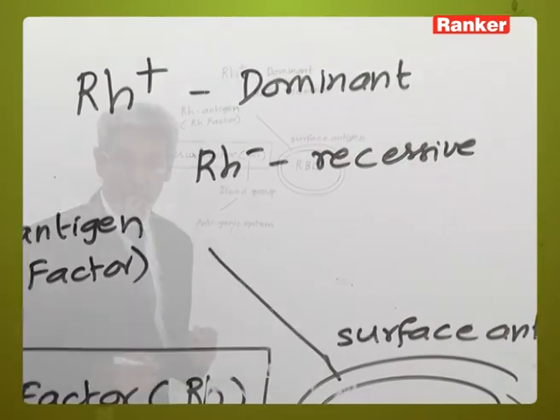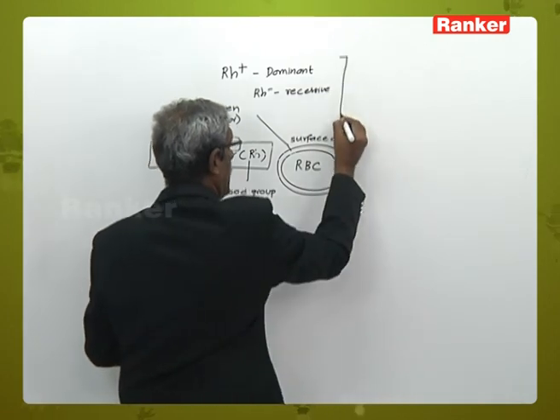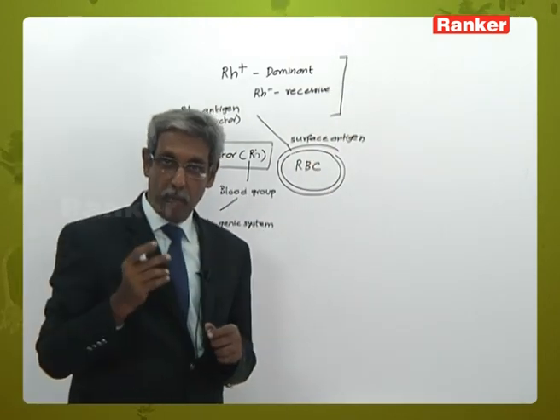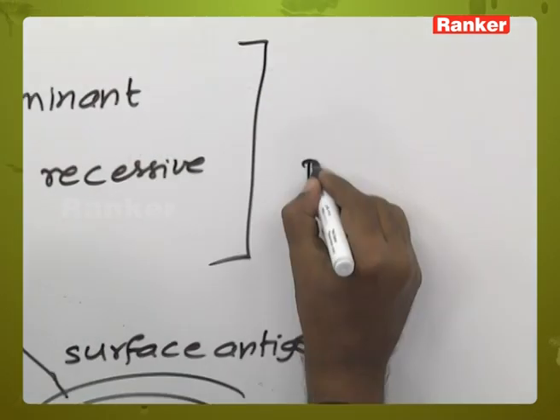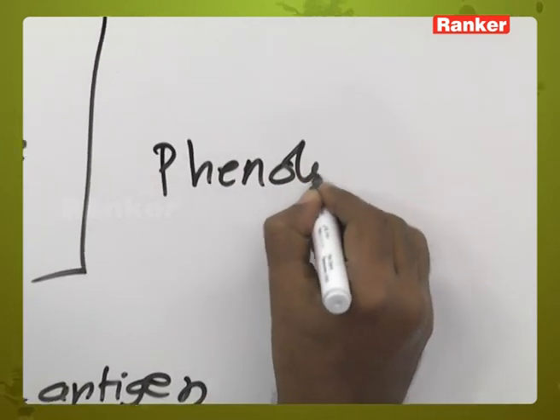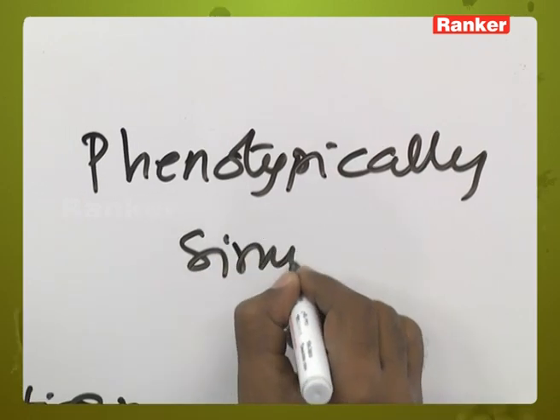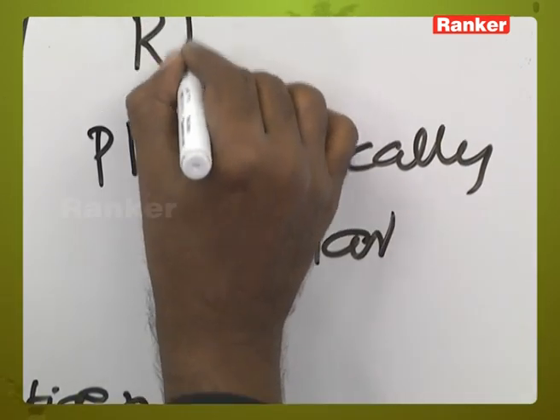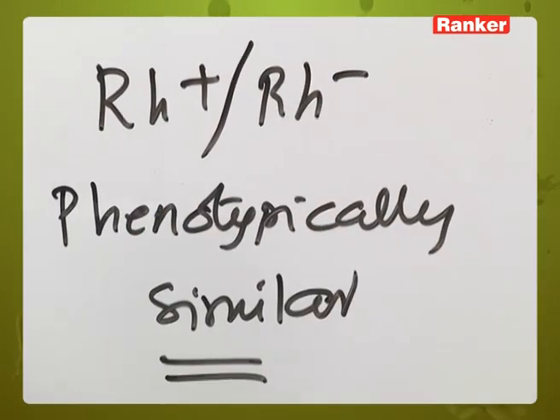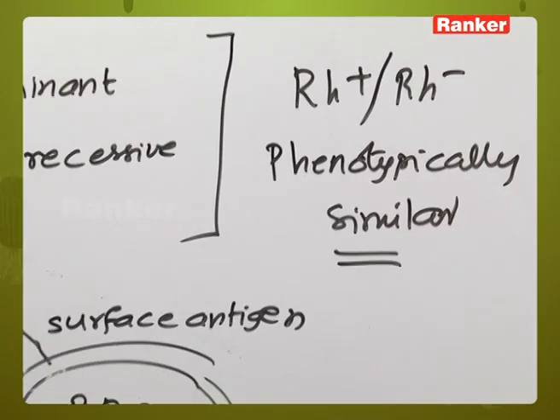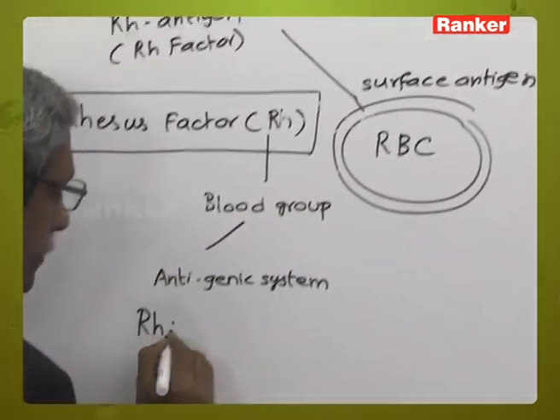In any individual, a man or a woman, due to the presence of an RH positive or negative gene, they are phenotypically similar. So phenotypically there is no variation. Individuals with RH positive or RH negative are phenotypically similar.